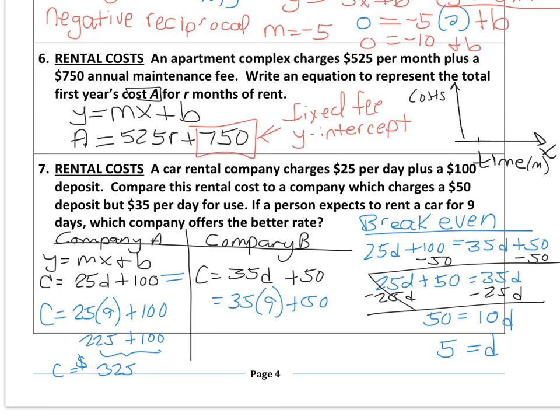I think you can imagine what's going to happen here. 9 times 35 is 315 plus 50. And that's going to turn out to be $365. And what do you know? It looks like company A is the better bet.